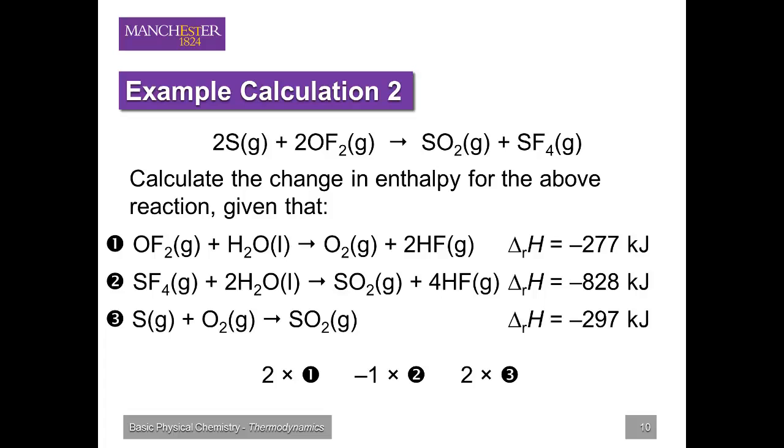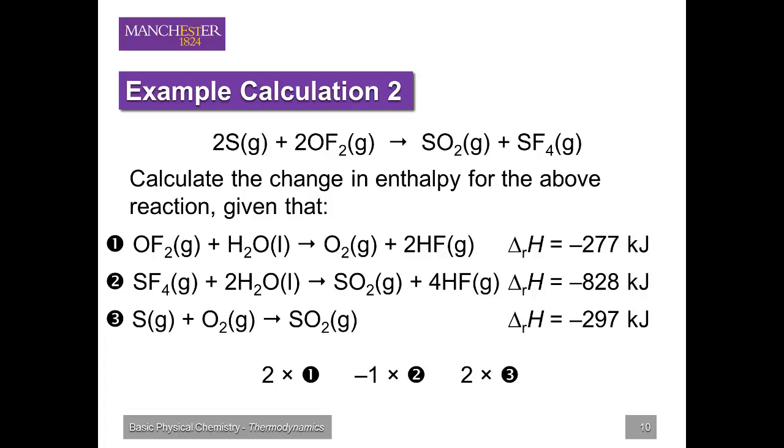So the way to do this is to look at the reactions and try to find a species that appears only once in those reactions. So for example, if we look at OF2 gas, the only one of the 3 equations that actually contains OF2 gas is equation 1.